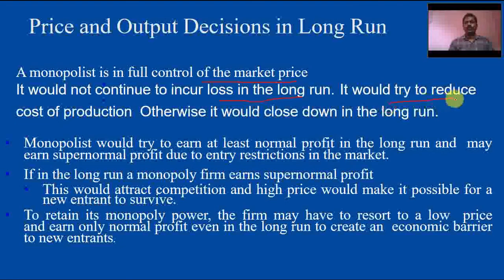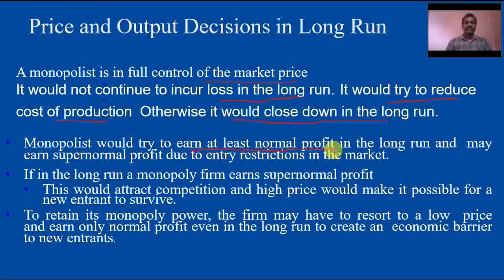It would try to reduce the cost of production, or else it will just quit in the long run. So there are three important conditions: we can see that there's a profit, a loss and the equilibrium. If they're incurring a loss, then we can say that they are going for shutdown. So at least normal profit in the long run.